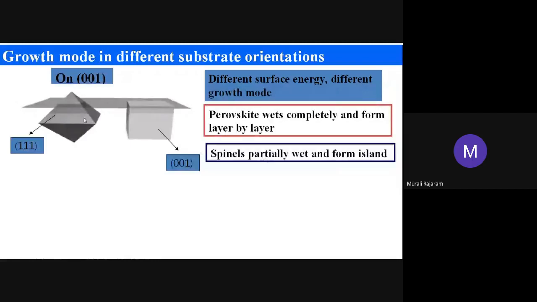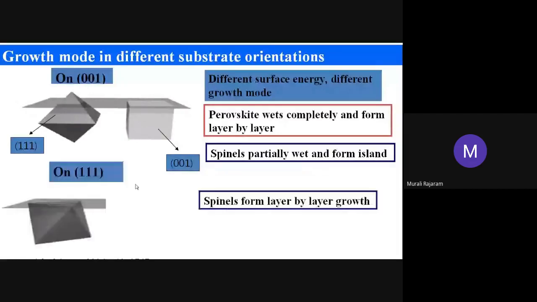So one wets completely and grows layer by layer, which forms a matrix, and another one wets partially and grows as a nanostructure. So this is the mechanism on a 001 substrate. If you change the orientation of the substrate to 111, the spinel wets completely and grows layer by layer.